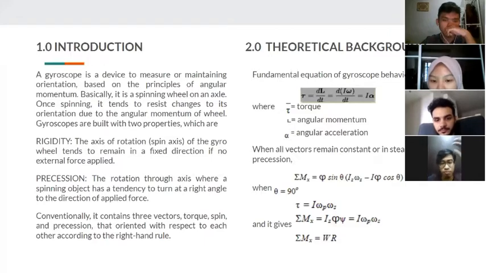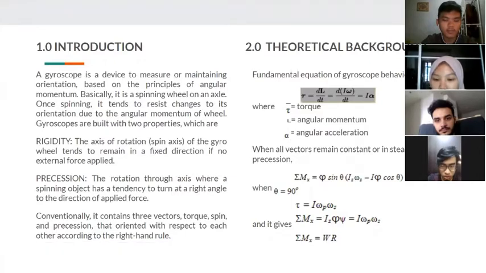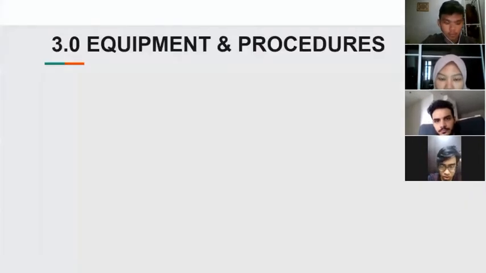When all vectors remain constant, or in steady precession, we get this formula, and when theta equals 90 degrees, we get torque equals moment of inertia multiplied by the speed of precession and the speed of spin. And it gives a moment of inertia equal to weight times radius. Next I will pass to my friends.